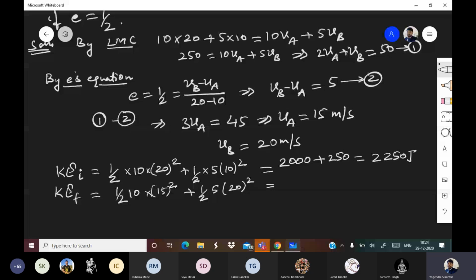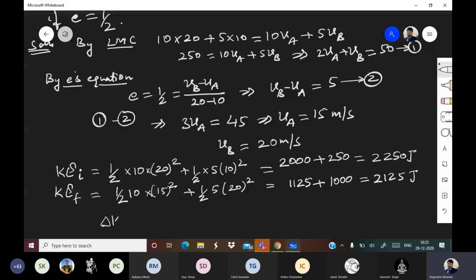So that will be 1125 plus 20 square will be 400. 400 into 5 will be 2000. 2000 by 2 will be 1000. So 2125. This is final kinetic energy.